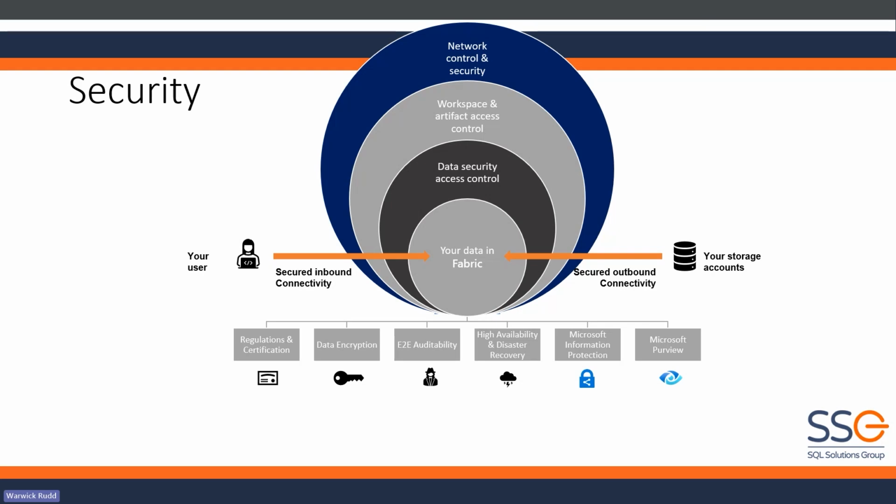And this is where, if you're a member and a contributor, you can use all of the items in the workspace, or if you're only a viewer, you can only see the items in that workspace. We then come down to the data security and access control, and that's where, from a Power BI point of view, it's using the row level security at that data level, okay?